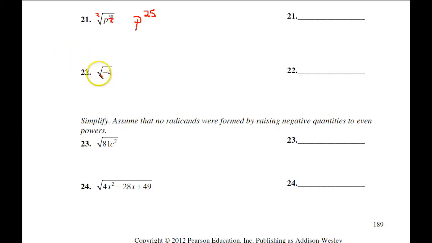Now here is a case where you have a radical of negative 4. This is not a real number. So this number does not exist.